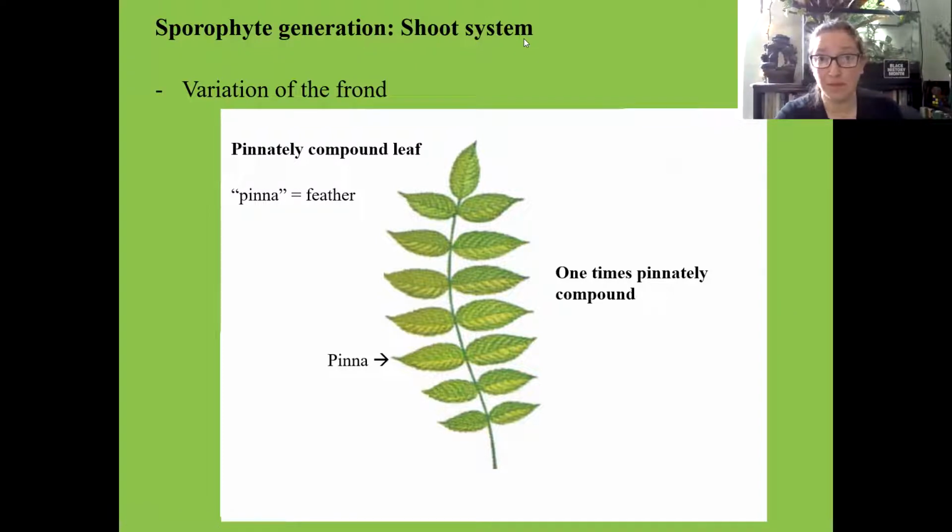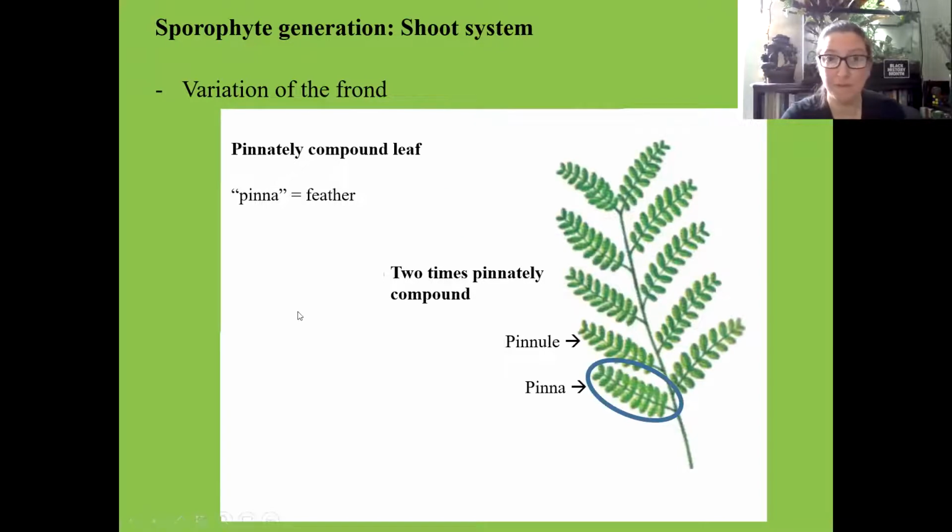Sometimes there are different levels for certain species. So this one is 1 times pinnately compound, in that here is the stem, and there's just 1 level of complexity. Meaning the leaflets are directly attached to that first stem. There's just 1 level, which will make more sense if you see this, which has 2 levels, 2 times pinnately compound.